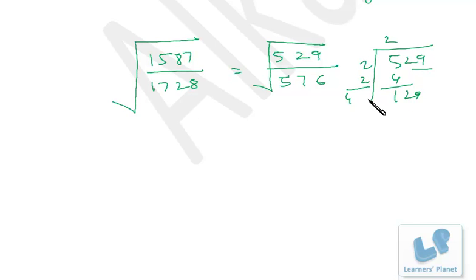Now we want 129. So 43 into 3, that's 129. So square root of 529 is 23. Similarly, we can find out the square root of 576, that will be 24. Okay, so square root of 1587 by 1728 will be what? 23 by 24. Okay.